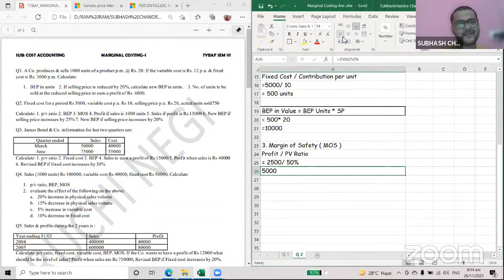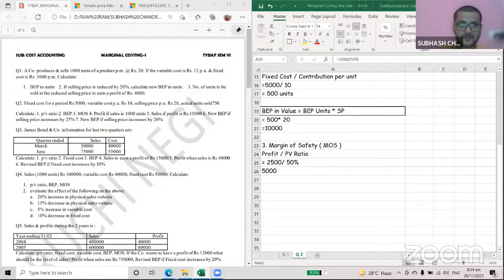If you are not satisfied with this answer, I will give you another formula. We will calculate again. We have multiple formulas, don't worry. Two people are saying it's right. What next?